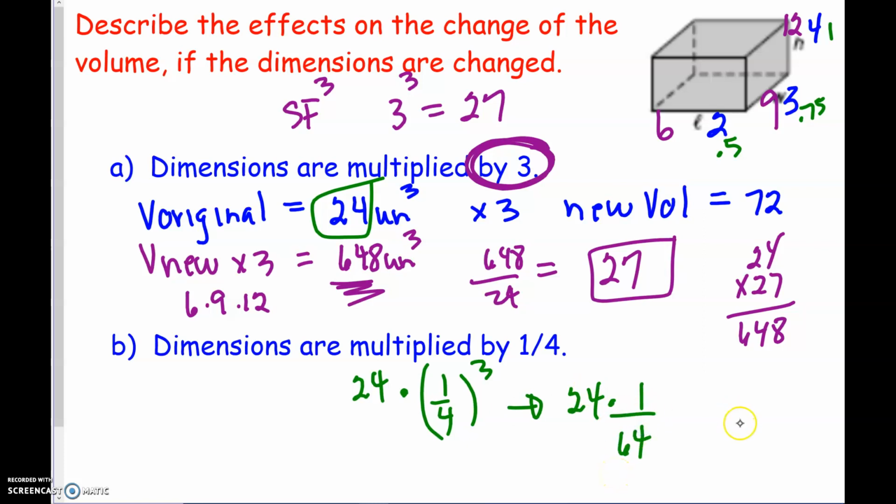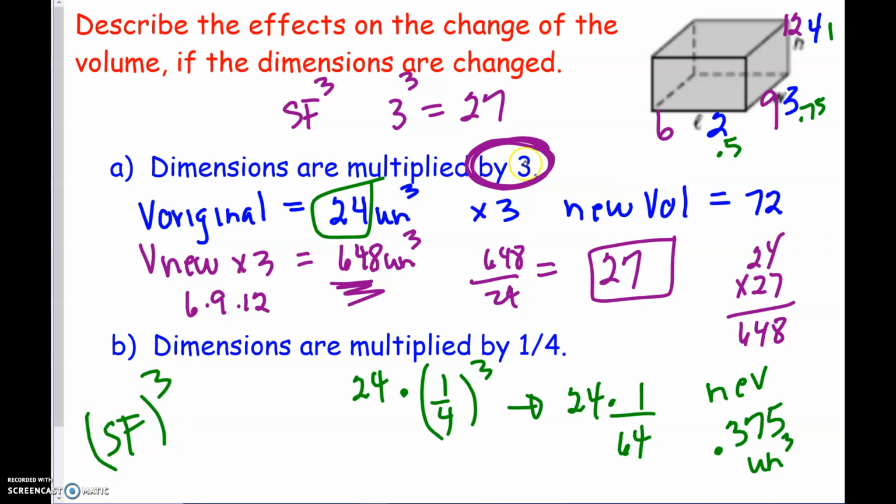And if we do that, I think we get our new volume to be 0.375 units cubed. So remember, all we're going to do is take that scale factor and cube it for volume.